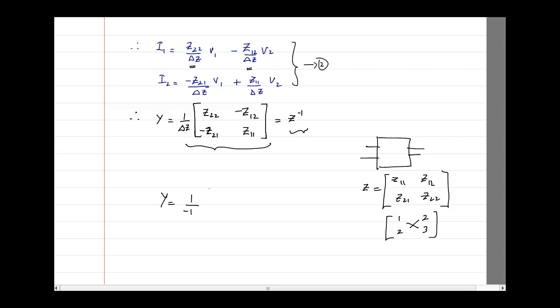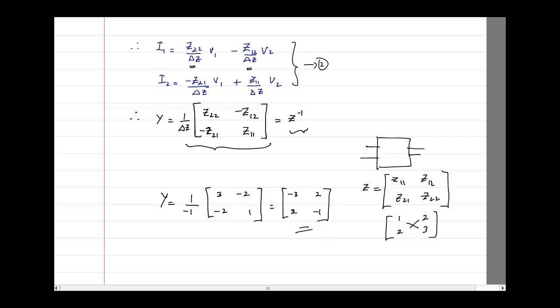So 1 divided by minus 1, and then z22 is 3, z11 is 1, minus of z12 is minus 2, and this thing is also going to be minus 2. And if I take this 1 by minus 1, which is minus 1 inside, I will get the answer as minus 3, 2, 2, minus 1. So this is going to be my y parameter.